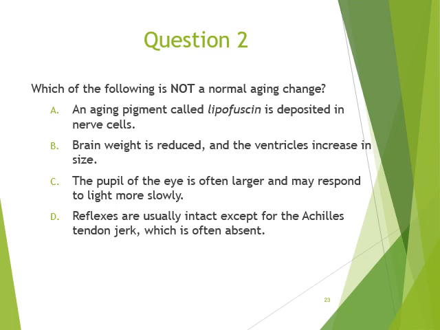So the right answer here is C. The pupil of the eye, it's not larger, is it? It's pinpoint, it's smaller. It's harder for us to see it with our pin light. So the pupil of the eye is often larger. That's not a correct statement. So it's not a normal part of aging. All the others are correct.